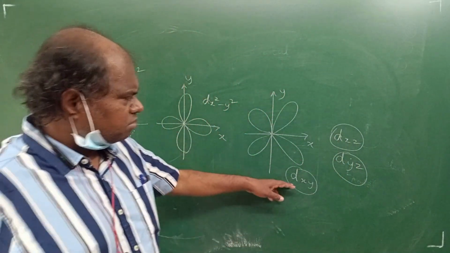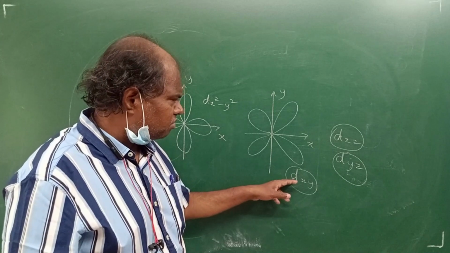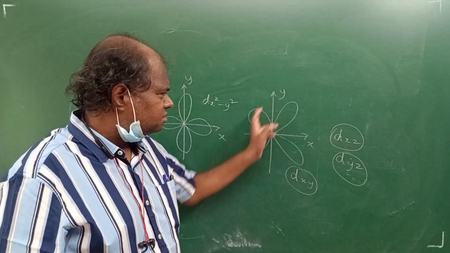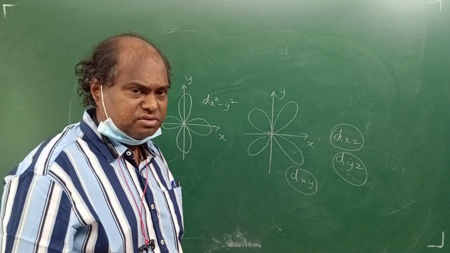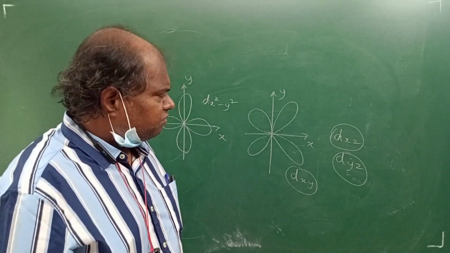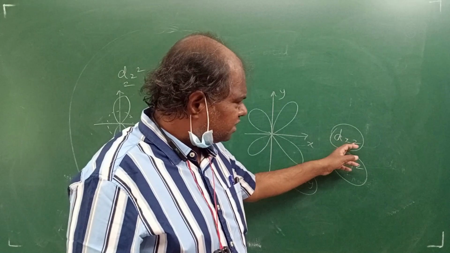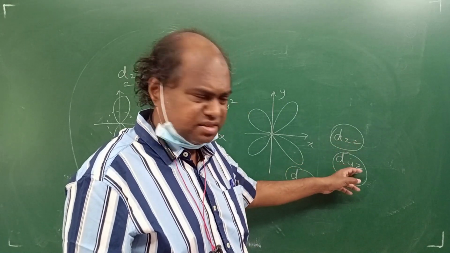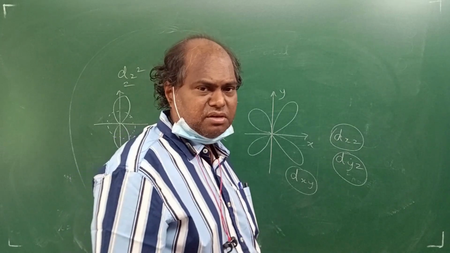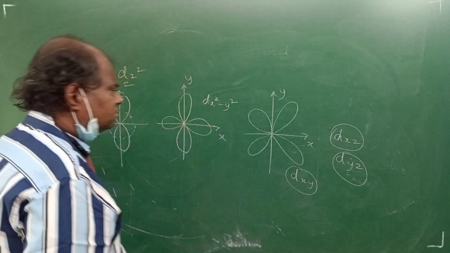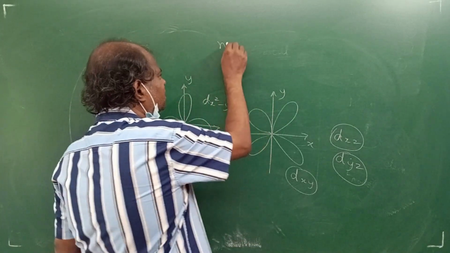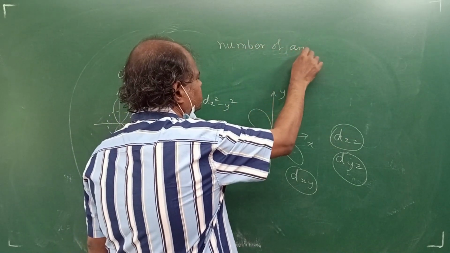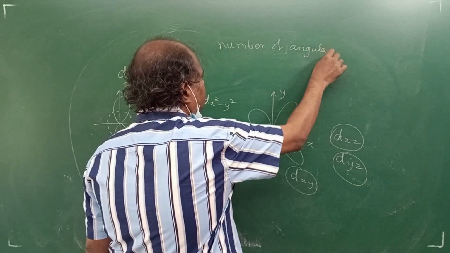Now what about the dxy orbital? Listen here, in the dxy orbital, the lobes are in between the x and y axis. Similarly for dxz, it will be in between the x and z axis, and for dyz, in between the y and z axis. Now let's see the nodes.